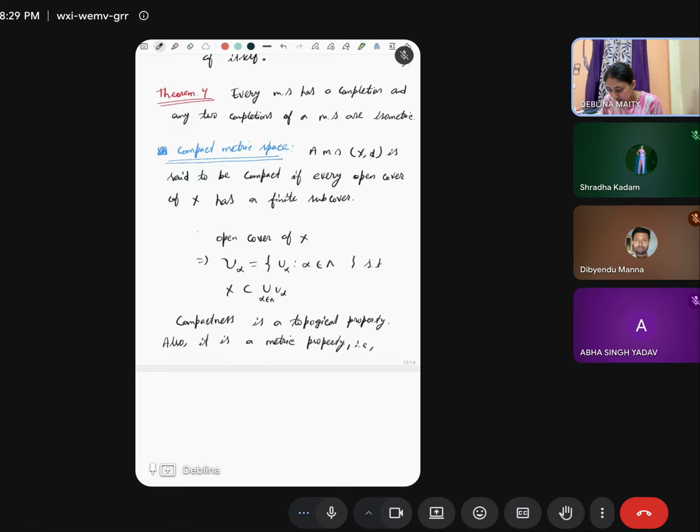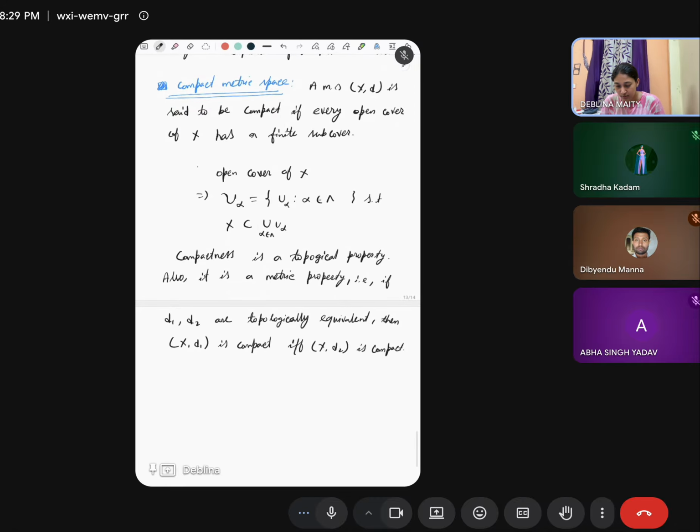That is, if d1 and d2 are topologically equivalent, then (X, d1) is compact if and only if (X, d2) is compact. This is a metric property also.